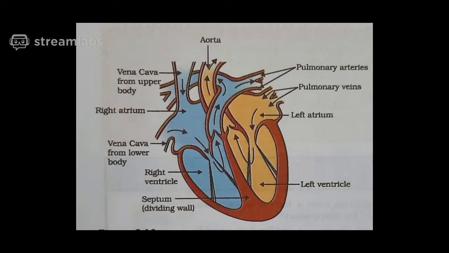The heart is a very important organ which transports the pure blood to the body and collects impure blood again into the heart and supplies it to the lungs. So, lungs and heart exchange the pure and impure blood.